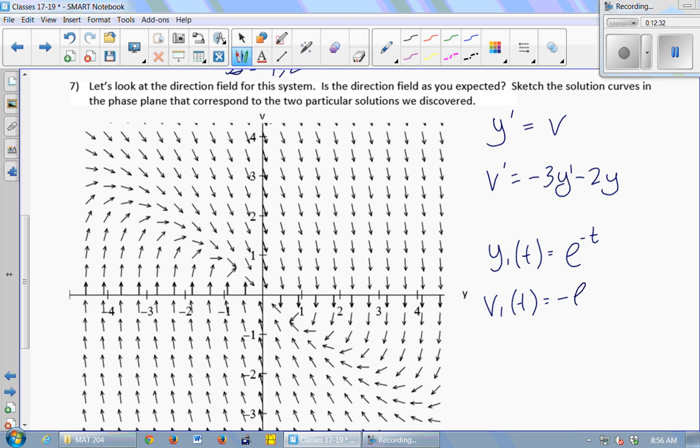So my initial condition is when t is 0. I need to know y1 of 0 and v1 of 0. Those will be the points that I plot in the phase plane. So y1 of 0 is 1, and v1 of 0 is negative 1. So I plot the point 1, negative 1, and I follow the arrows, and it's just pointing me to the origin.